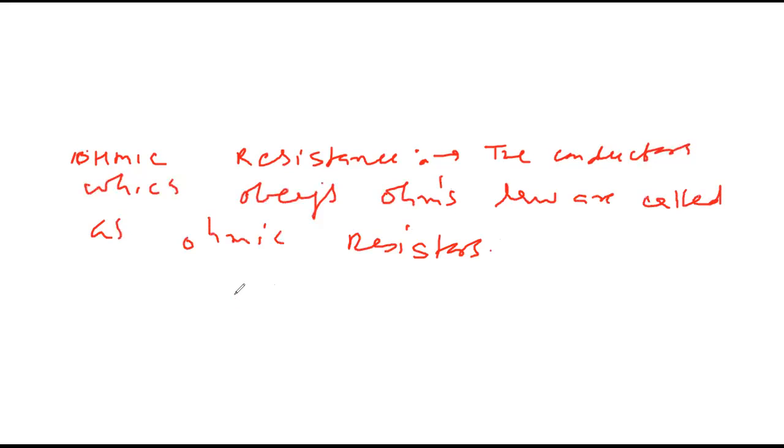When we say ohmic, that means as voltage is increased, current is directly proportional, so it is sometimes also called linear resistance. So those conductors which obey Ohm's law are called ohmic resistance or linear resistor.